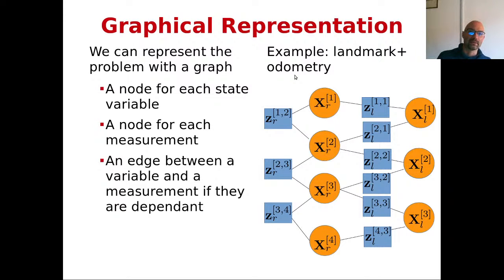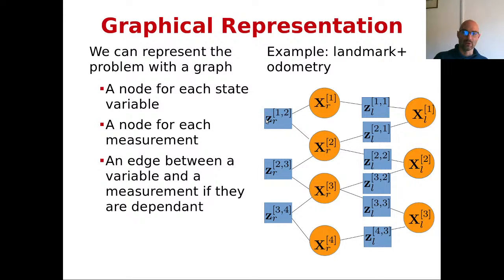How to represent, if we add an odometry to our system? Well, not much happens. If we add an odometry, we have the same set of variables, the robot positions and the landmark positions. But we also have measurements that correlate a robot position to the next. And these measurements will be represented once again as factors.